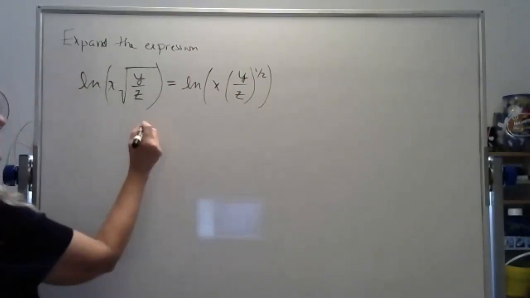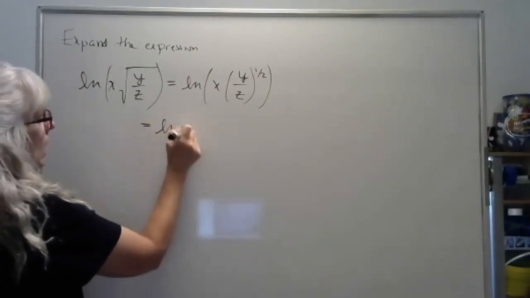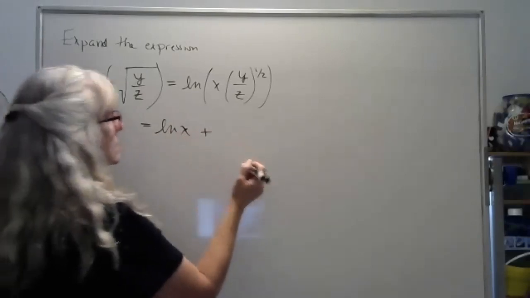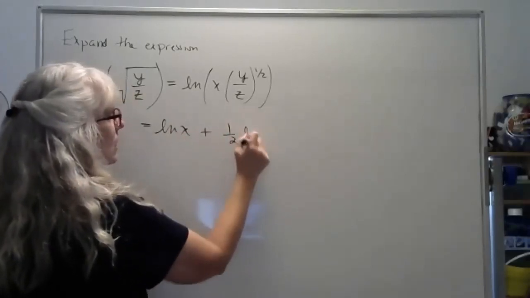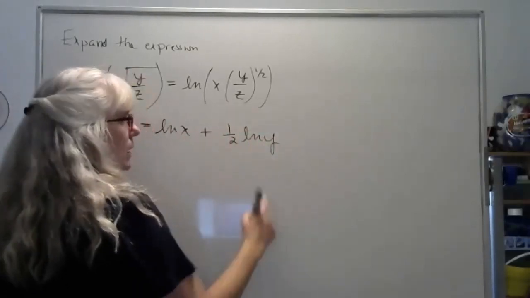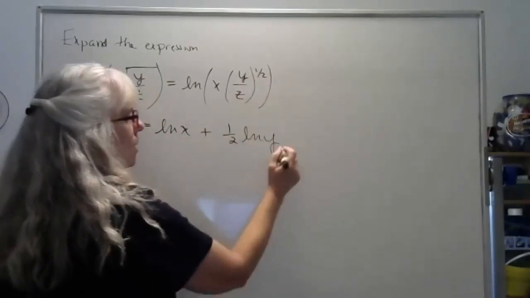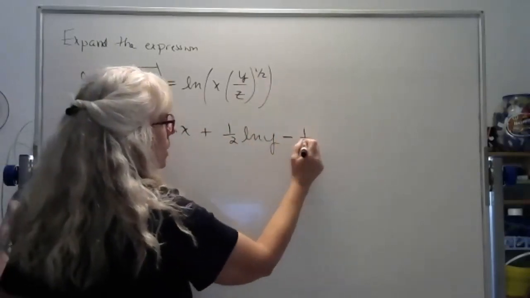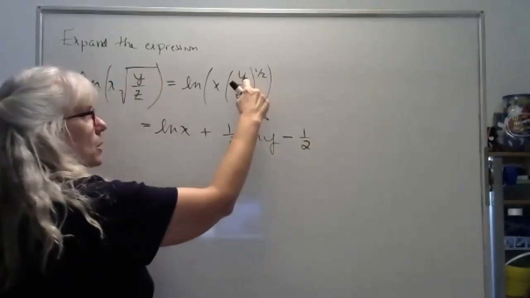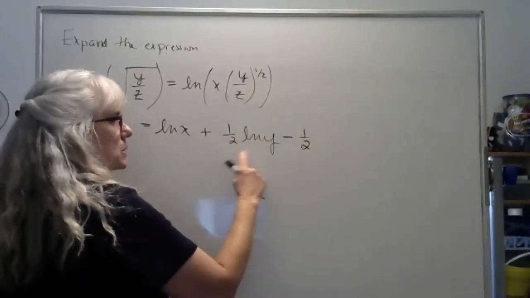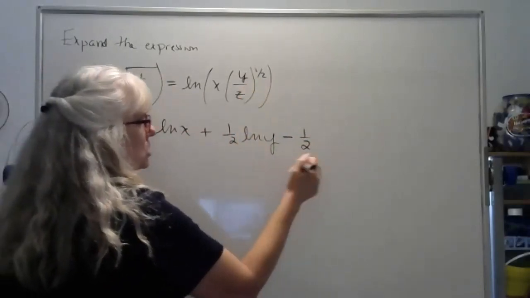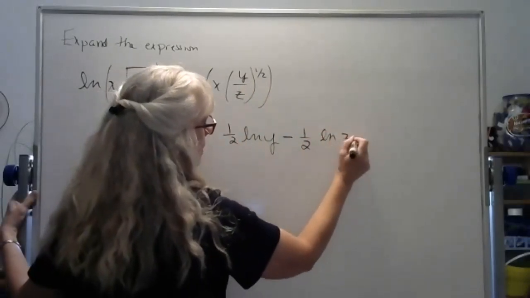So for us, that becomes the natural log of x plus 1/2 times the natural log of y. That takes the 1/2 and the y into account. And then I'm going to put a minus in there with another 1/2 because both the y and the z have that exponent, so they both have to have a coefficient, the natural log of z.